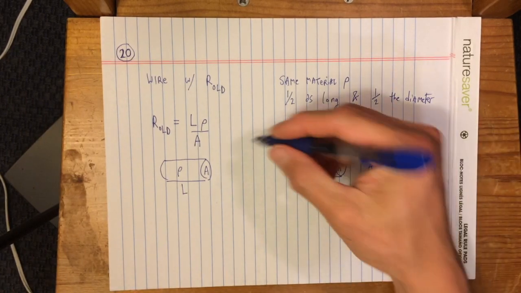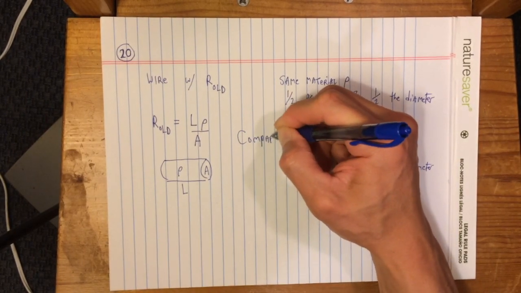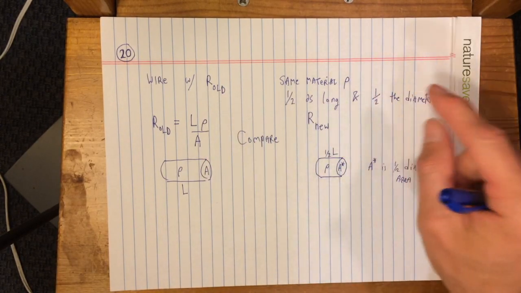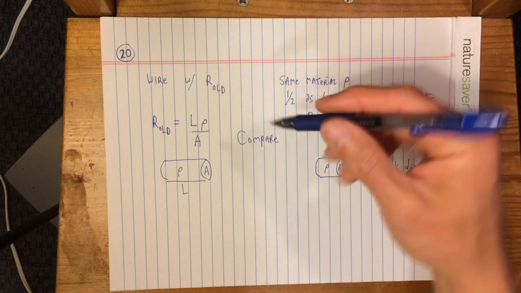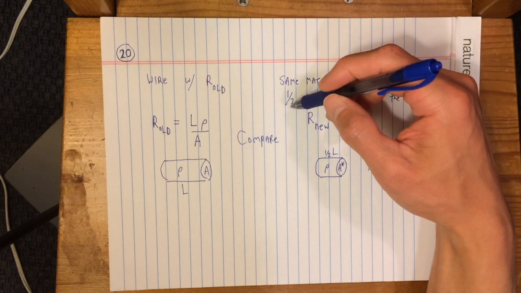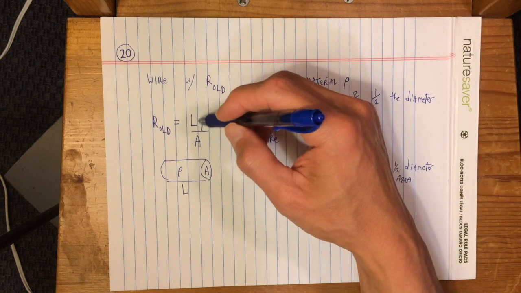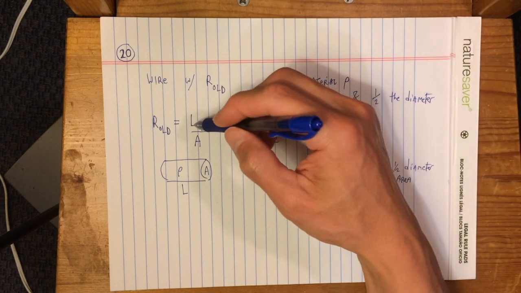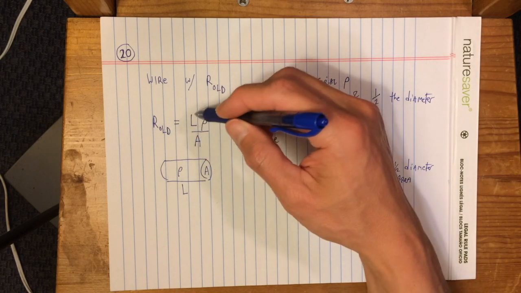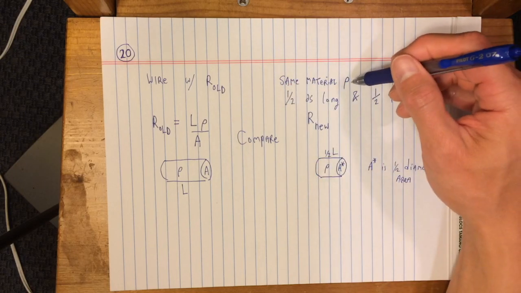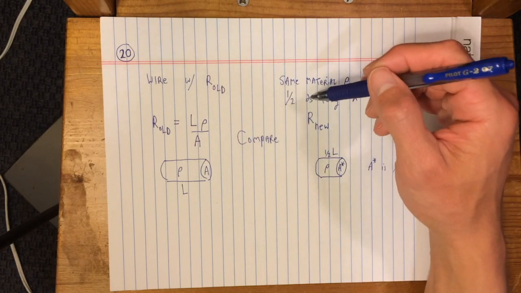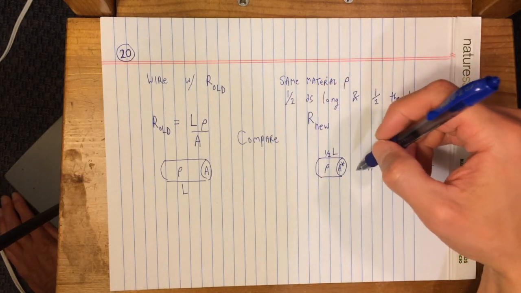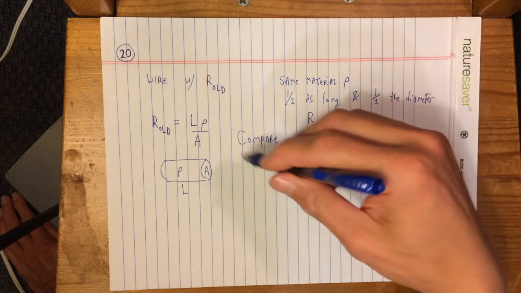So we want to compare, in terms of R old, what resistance is R new? Well, if you have less length, it's pretty easy. L is going to be smaller, so R new with the smaller length is going to be smaller because of the length. The resistivities are the same, so that's a non-issue. But the area is kind of strange. It's not clear how the area is going to play into this.